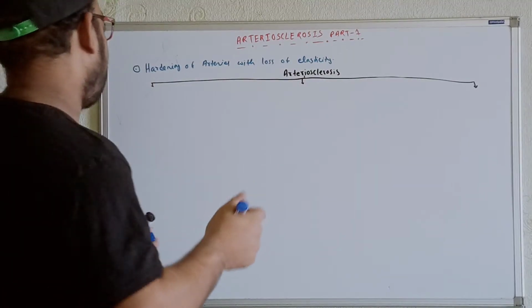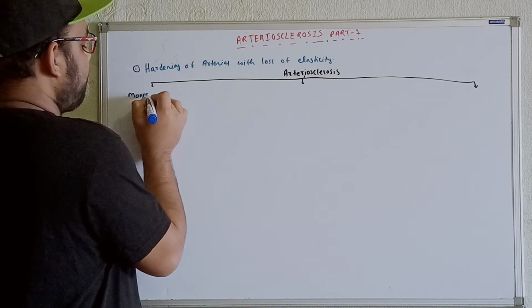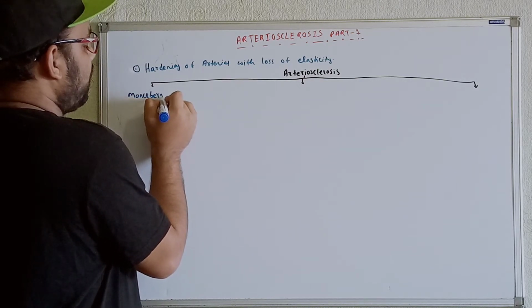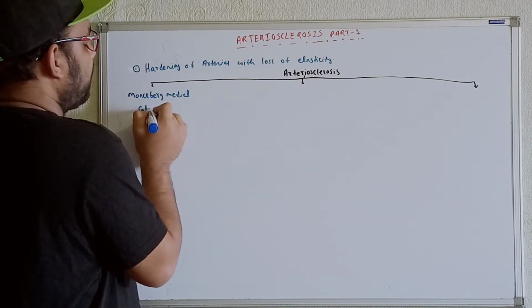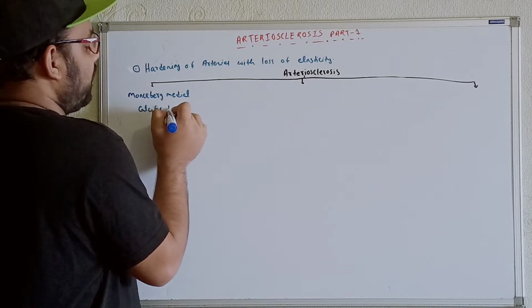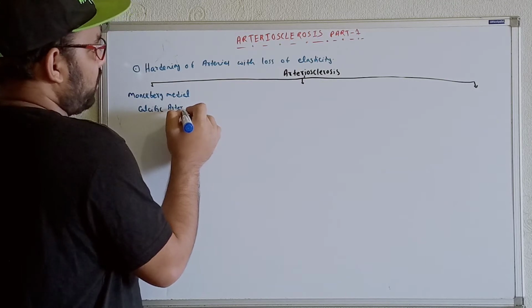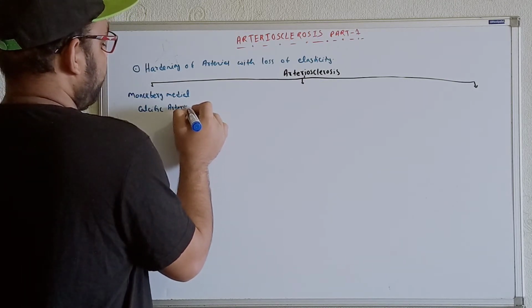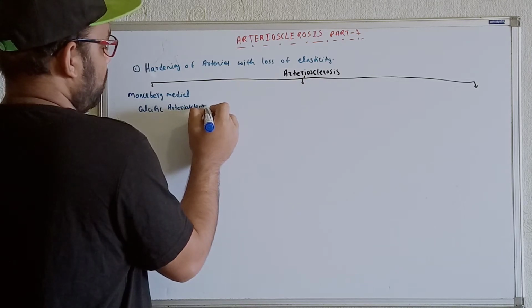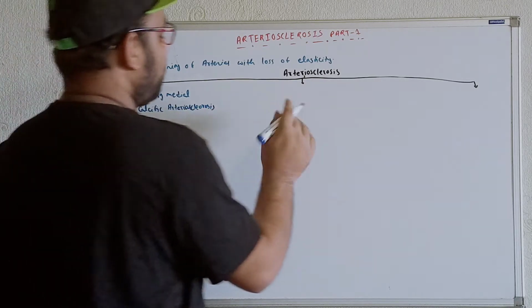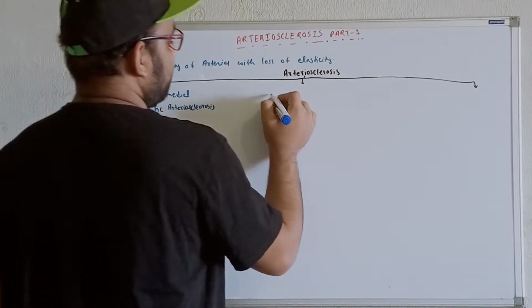There's the Monckeberg medial calcific arteriosclerosis. The second type is atherosclerosis, the most important and most dangerous one.